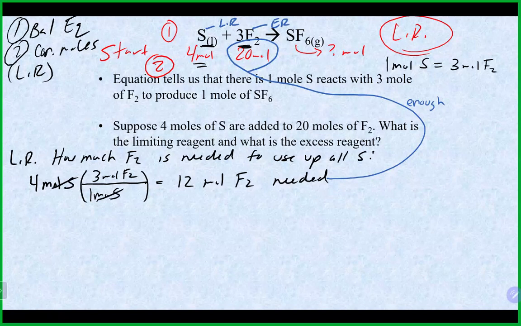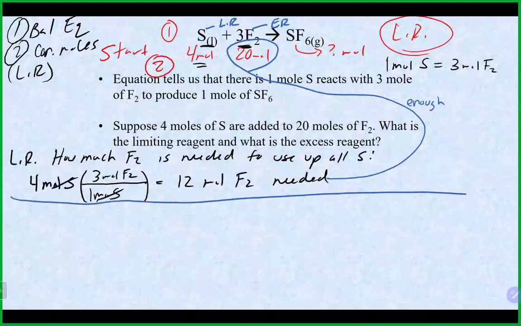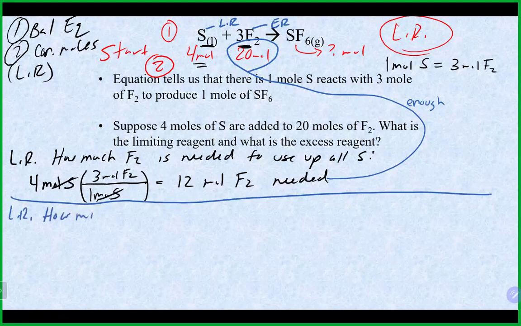Now, you do not necessarily need to do this next calculation, but just to show you that you could choose either reactant. It doesn't matter which one you choose, and it will tell you the same thing in terms of which one's the limiting reagent and which one's the excess reagent. So for example, if I chose the other reactant, and in this case, I want to know how much sulfur is needed to use up all the fluorine.